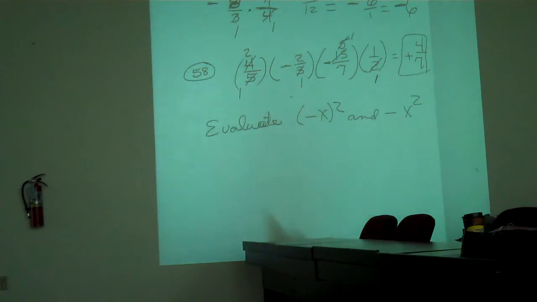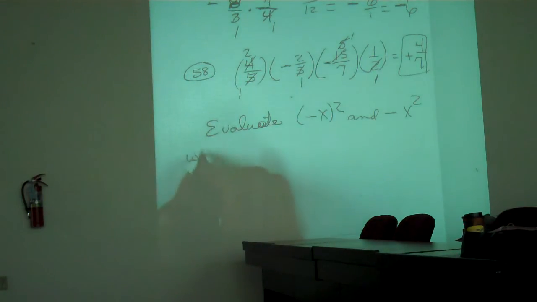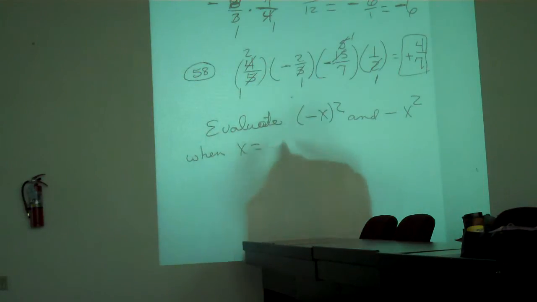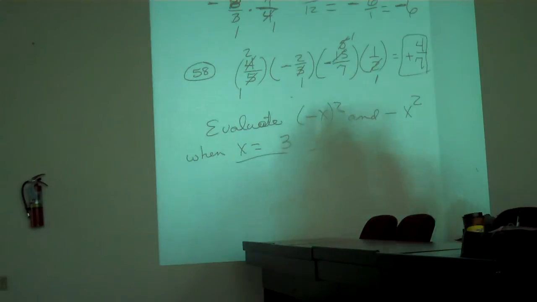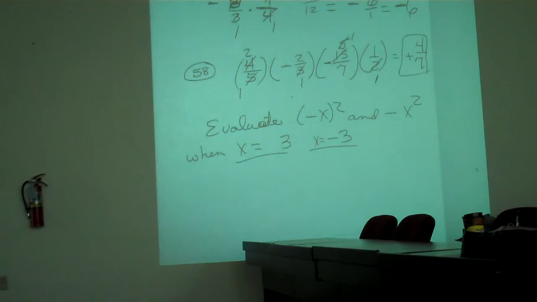Okay, so let's do it when x equals, let's say 3 and a negative 3. We're going to put both of those numbers into both of these. And you may do it in a different order than what the answers are in the book, as long as you get those 4 answers, okay?